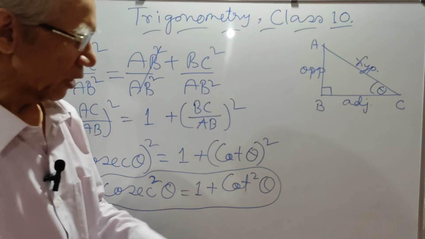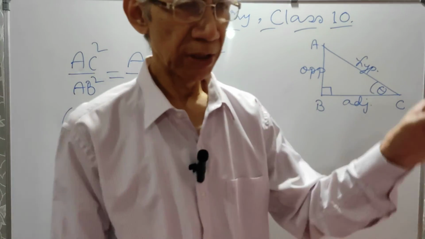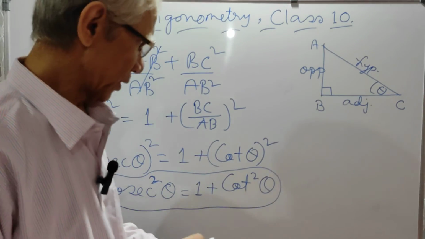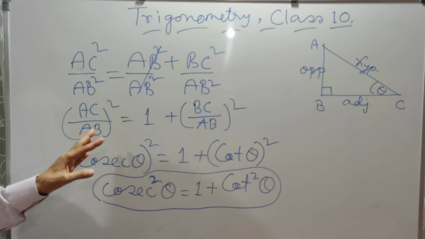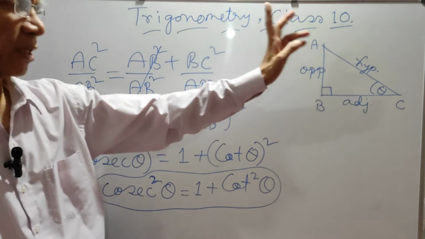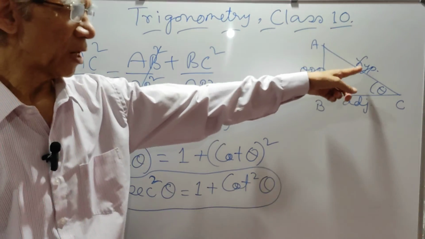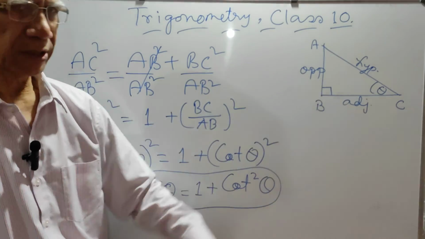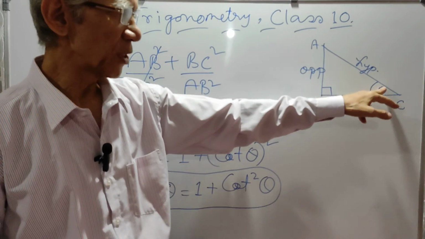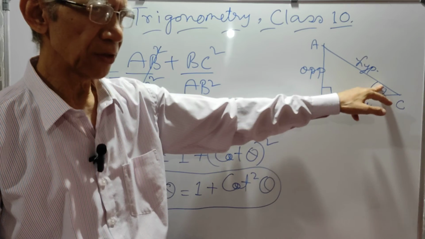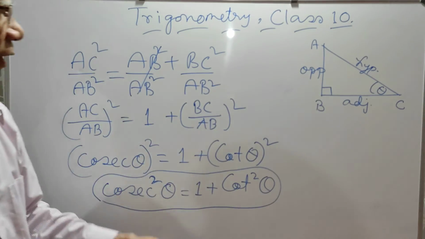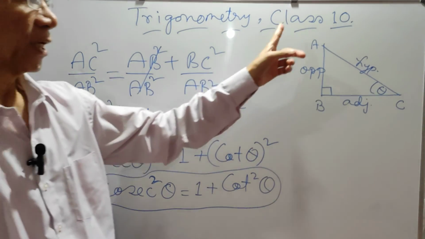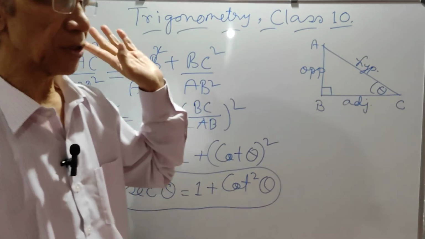As I told you before, try to remember the formula both ways, from left to right or from right to left. So you see, this derivation is so easy. So you take the right angle triangle, then mark which is hypotenuse, which is opposite, which is adjacent. Then first of all, you must mark the angle theta that you want to consider. Okay. Then first of all, you divide by hypotenuse square, you will get the first formula.